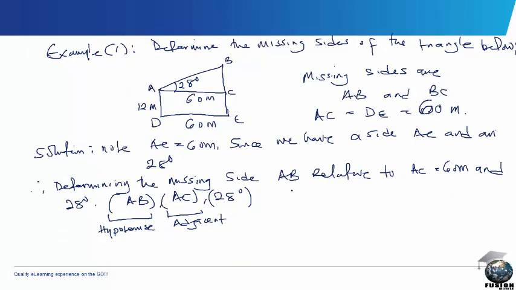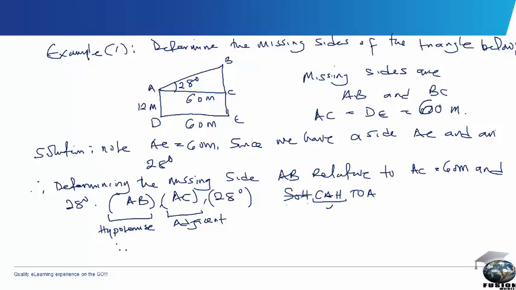So if we try to apply that here, we have SOHCAHTOA, where SOH stands for opposite and hypotenuse, and the two sides we have are hypotenuse and adjacent, so this can't work. And then we have CAH meaning adjacent over hypotenuse, and the two we have here are hypotenuse and adjacent, so it means that rule number 2 can work.